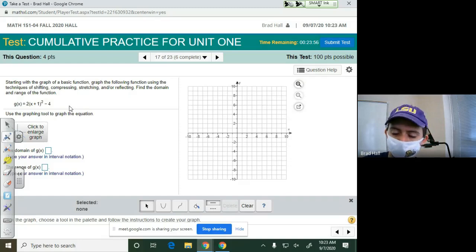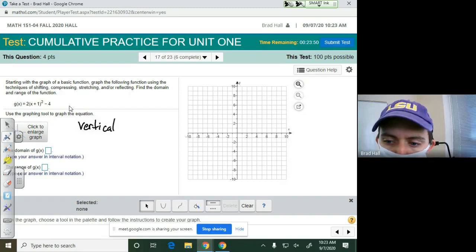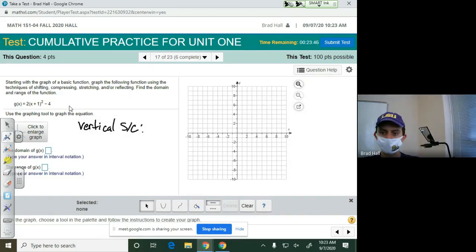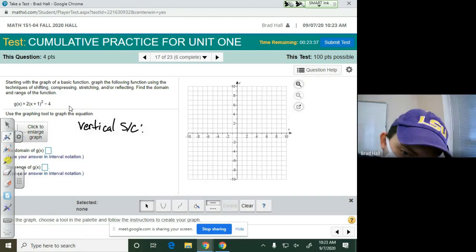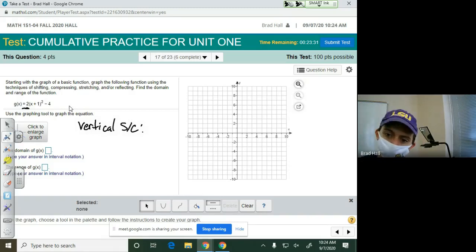I'll start off with the vertical stretch and compression. This comes about whenever we multiply a number to the function. The only number that I see that's multiplying is 2. So naturally, I put 2.